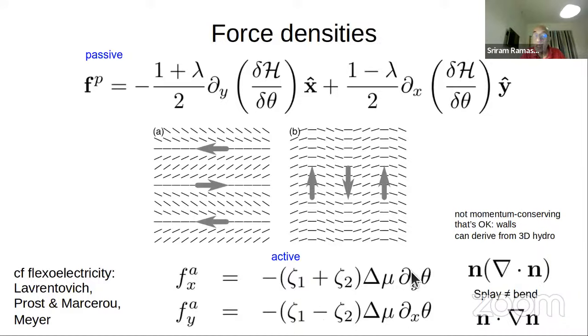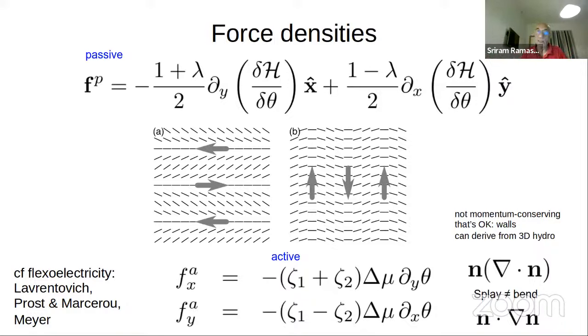One of the shocking lessons of what we did was that terms you would normally have neglected in the three-dimensional dynamics, because they have too many gradients and are therefore nominally unimportant at large wave vector, actually matter in this confined geometry. The 2D projection of those terms can turn out to be at low order in gradients in the plane, because many of the powers of gradient are replaced by 1 upon h.